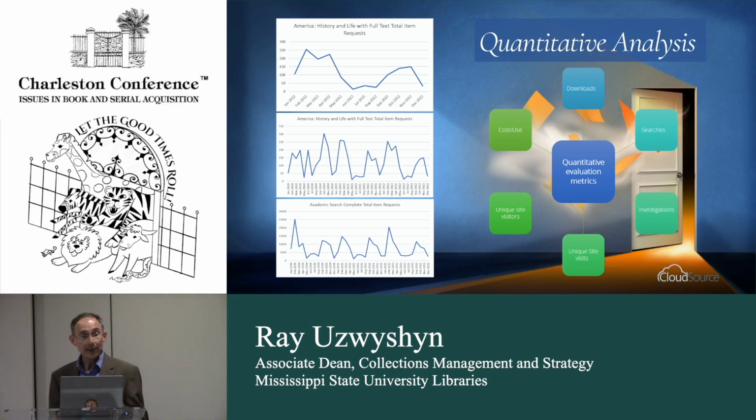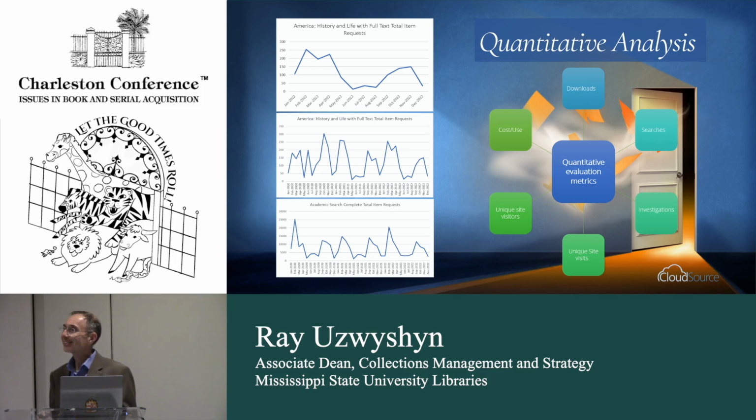Here's the quantitative analysis part of this. A lot of you are familiar with a lot of these metrics that we add to the equation. As I mentioned, this is a three-pronged strategy that we're trying to actually do synthetically. So this uses downloads, searches, unique site visits, unique site visitors, and cost per use.